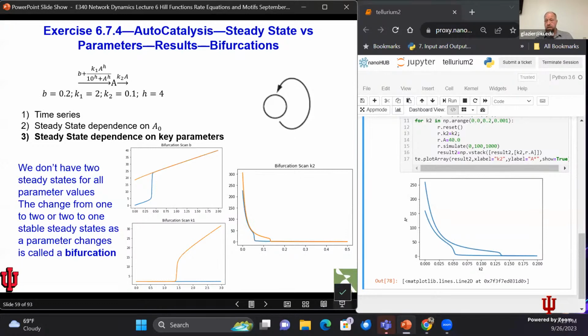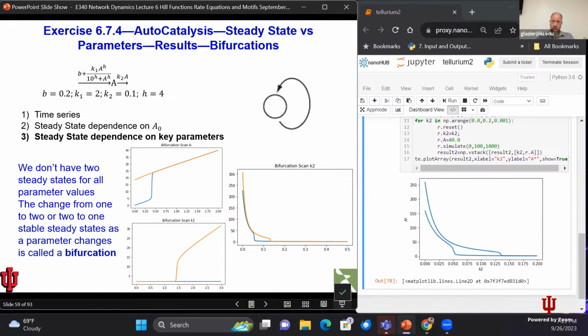And again, this is called a bifurcation. And here are the plots if you do the other ones. And so for each one of these parameters, K1, if K1 is too small, I don't get any product. If K1 is big enough, I get a high value and a low value that depend on my initial value.